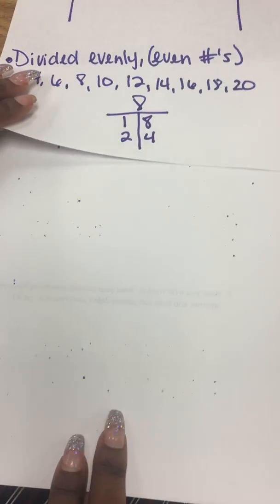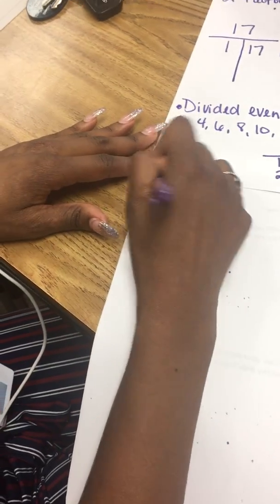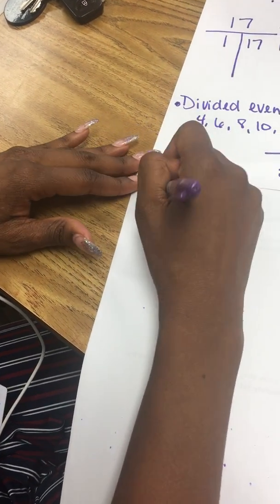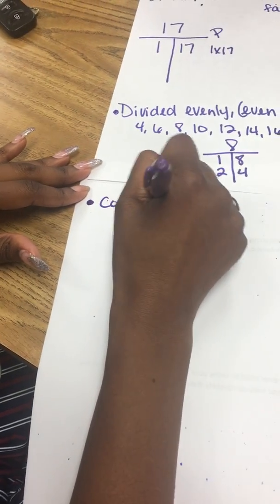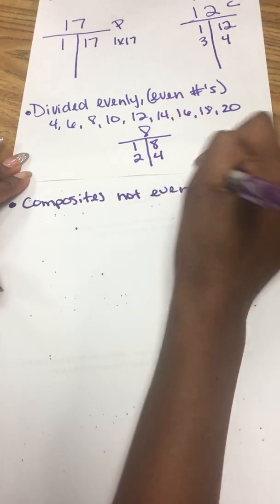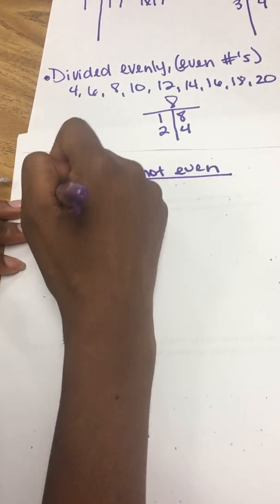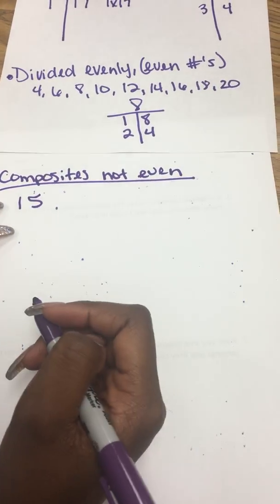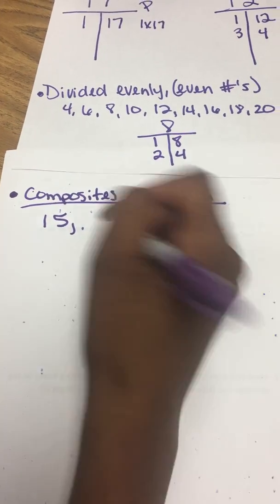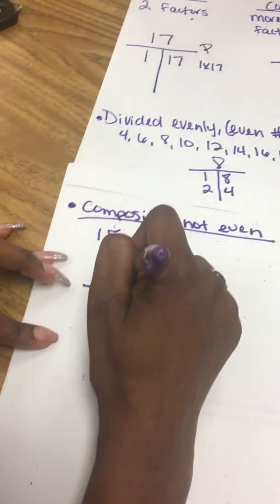Now, there are some composite numbers that are not even, okay? Those are numbers like 15, 21. Though they're not even, they have many factors.